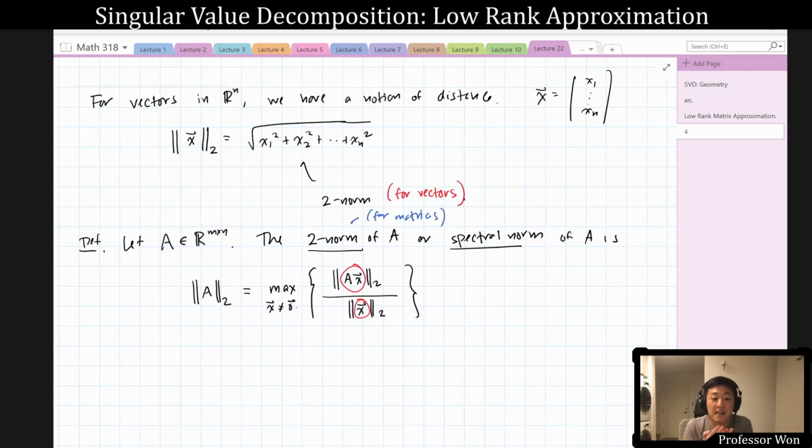And I want to see the maximum stretch that A did in any direction, and that's what I'm going to call the norm of A. The norm of A is the maximum distance it ever stretches any vector. Right? That's, in quotes, the max stretch factor over all vectors.